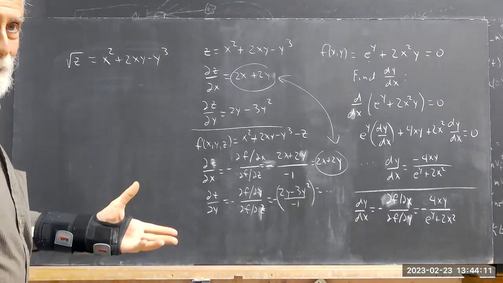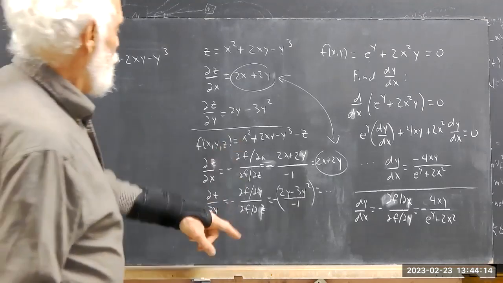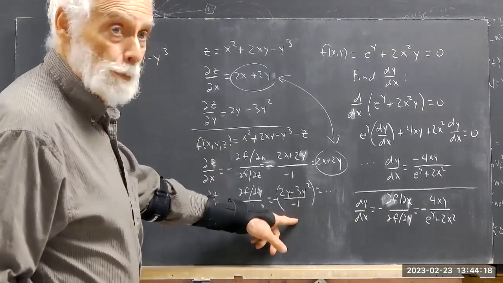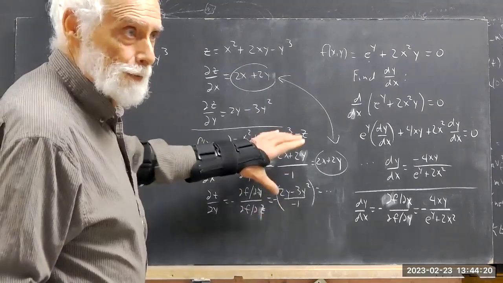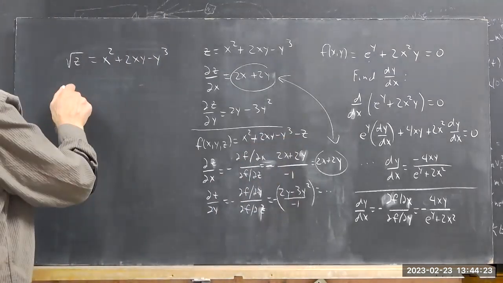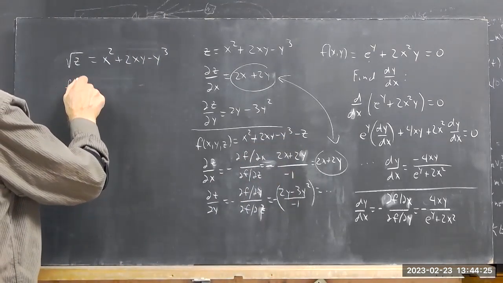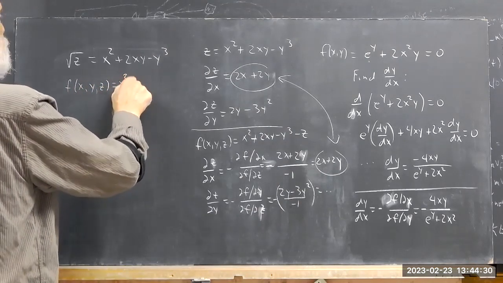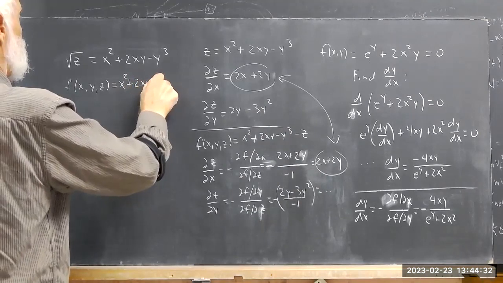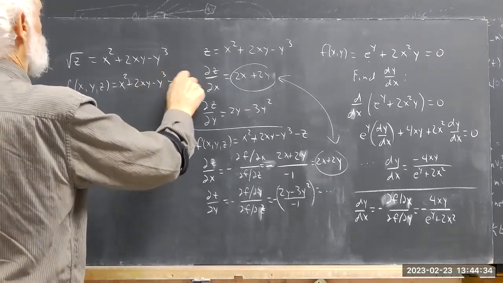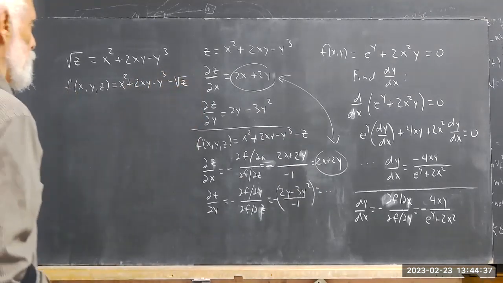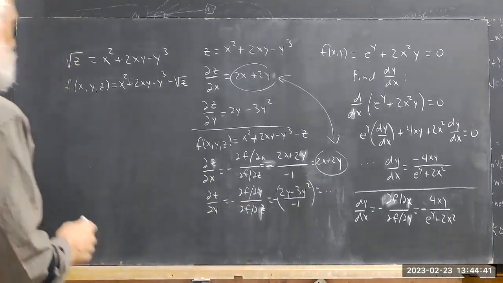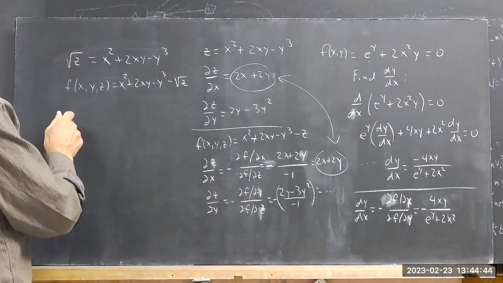Now we're not going to get the derivative of f with respect to z was negative 1 each time, giving us kind of a trivial result. Okay, we're going to let f of x, y, z equal x squared plus 2xy minus y cubed minus the square root of z. So things get a little more complicated. We're going to have a derivative of f with respect to z that's not going to be trivial.